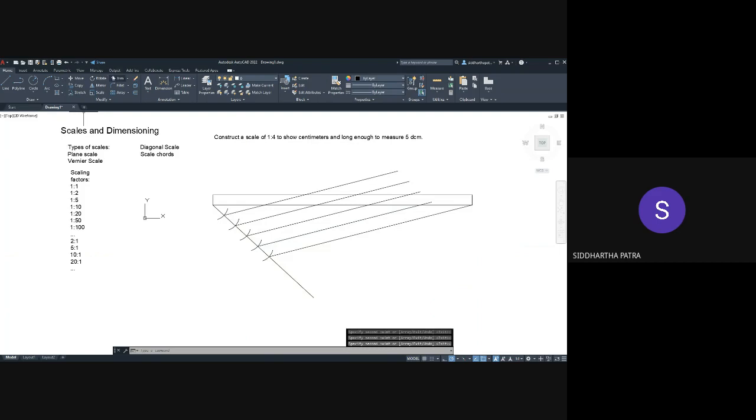Okay, now this set of parallel lines actually divided the original line segment, which was supposed to represent 5 decimeters, into 5 equal segments.